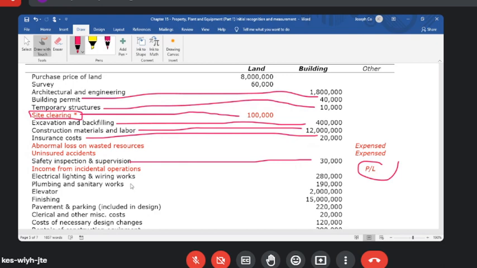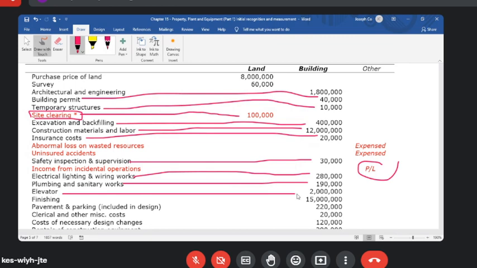And then electrical, lighting, and wiring works, no? Building. Plumbing and sanitary works, no? Building. Elevator, building. Finishing, building.